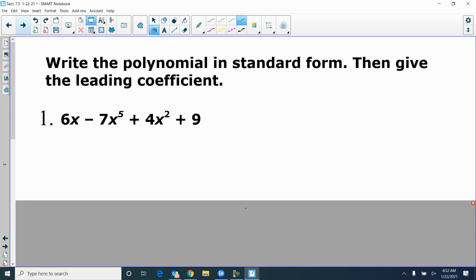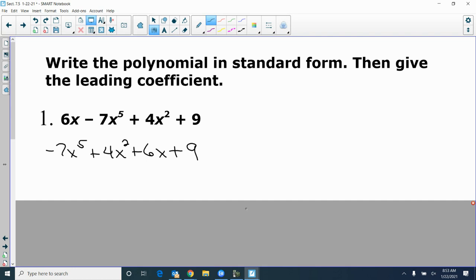-7x to the 5th plus 4x squared plus 6x plus 9. Okay, and here's the biggest thing that I see, and he did it right, and you need to do this right as well. When you see this -7, that minus is with the 7, and it travels wherever it goes.